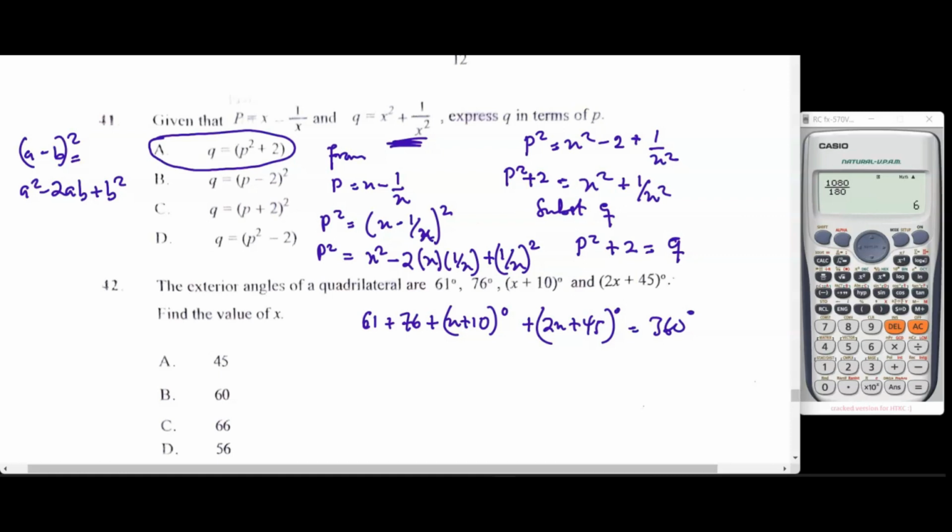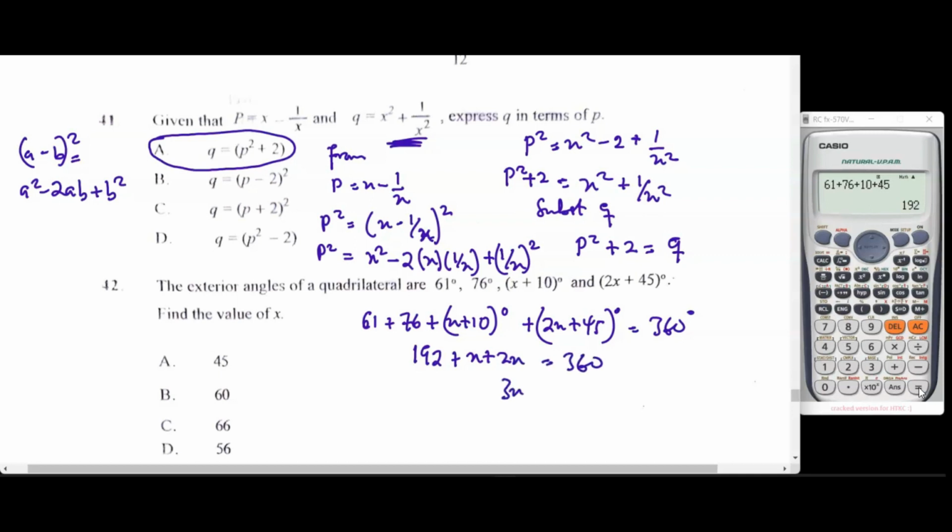Let's add them. So we have 61 plus 76 plus 10 plus 45 is equal to 192. So we have 192 plus x plus 2x equal to 360 degrees.